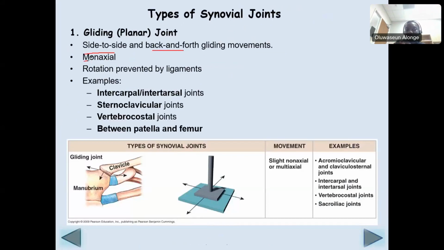Now we say that it is a monoaxial joint because it moves in one direction. The kind of joint you see here are the intercarpal joints, the joint between the carpal bones, intertarsal, the sternoclavicular joint. It can only move in one axis. That's the sternum and the clavicle, the vertebrocostal joint. They can only move either this way. Between patella and femur, it can only move in that direction as well.